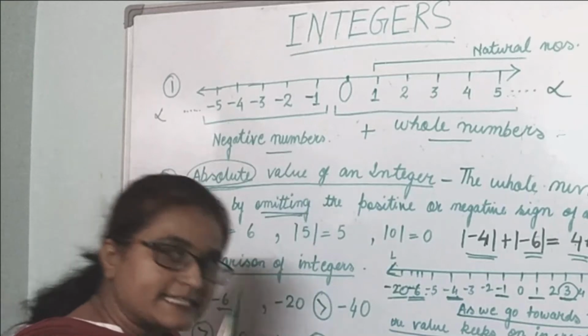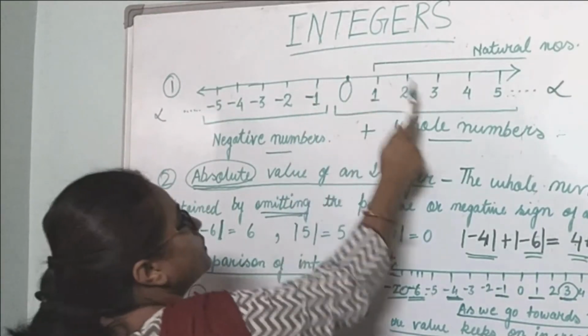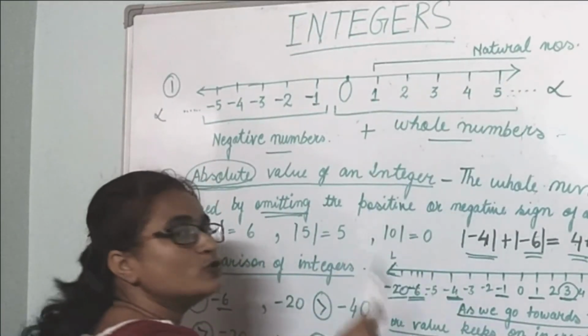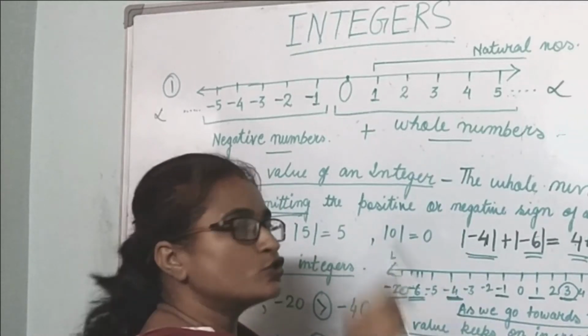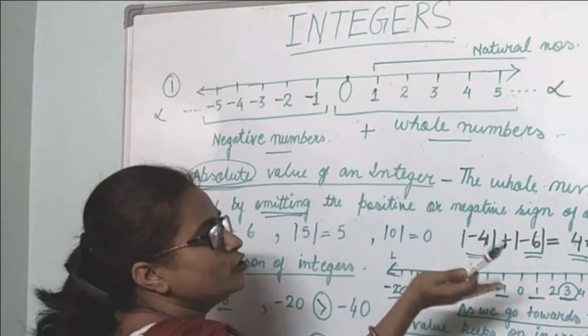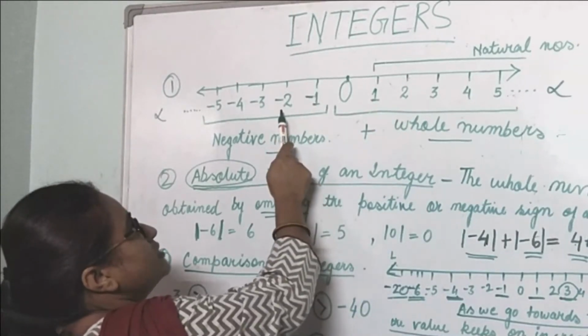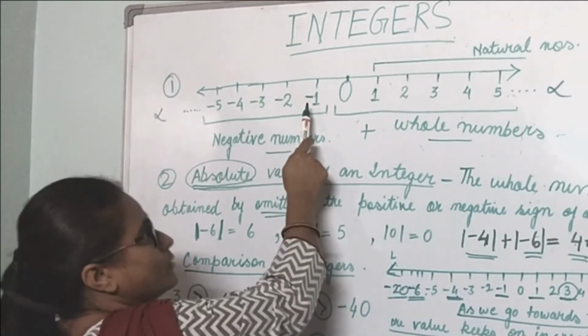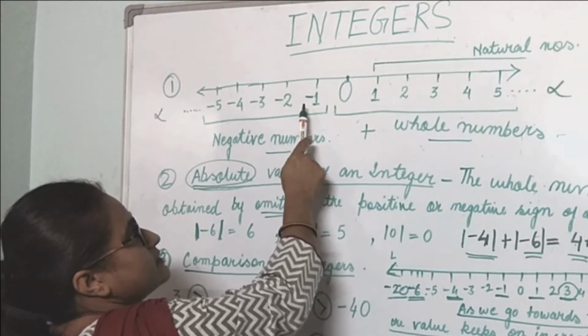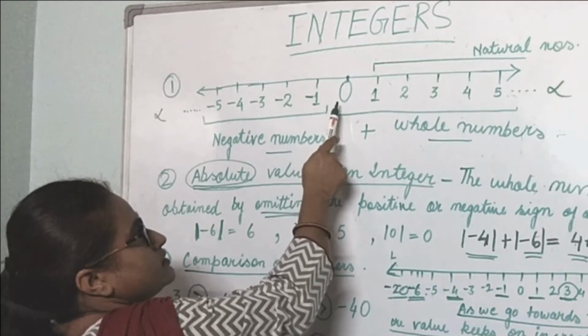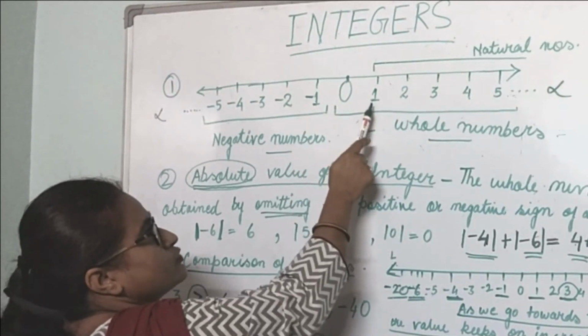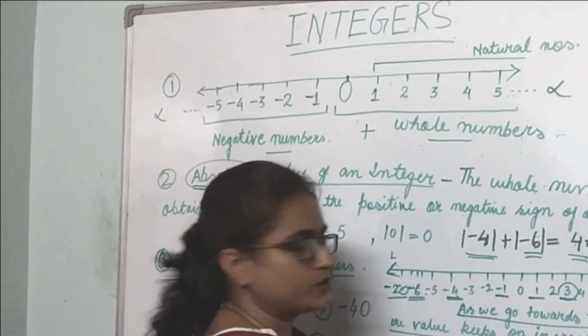And if I say successor, I need to move towards the right, which means I need to add plus 1. So when I am adding, I am shifting towards the right. What is the successor of minus 2? Minus 1. Successor of minus 1? 0. Successor of 0? 1. In this way it continues.